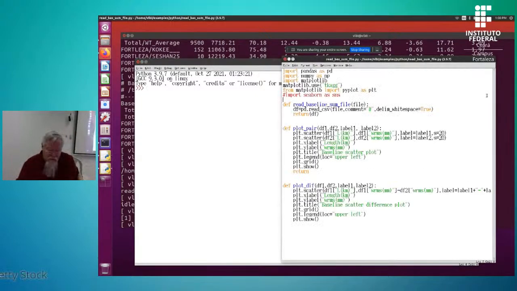But you could probably navigate up, or you can exit and go to the Python examples.